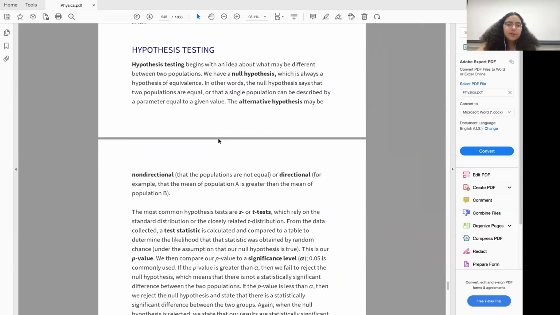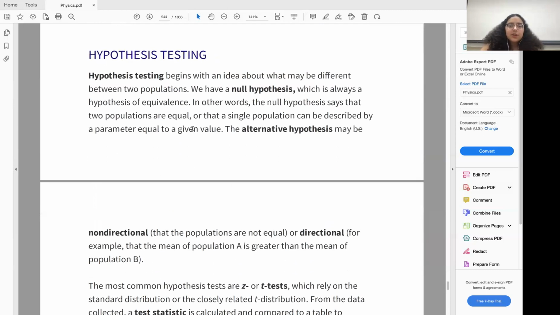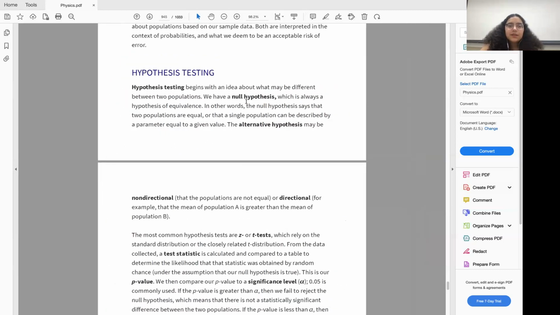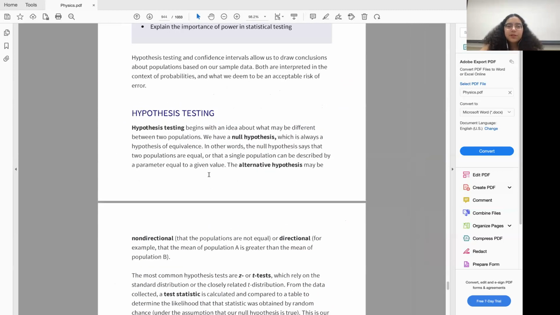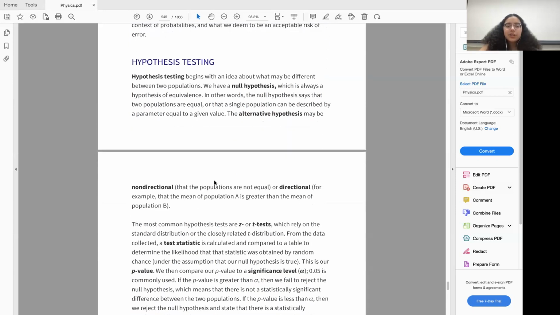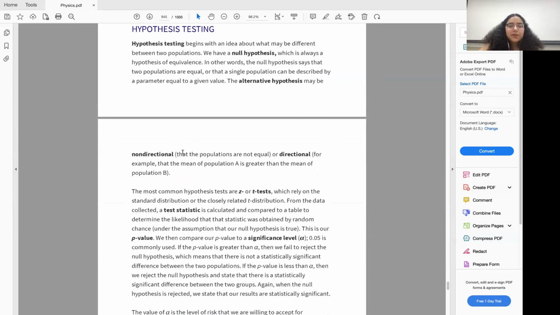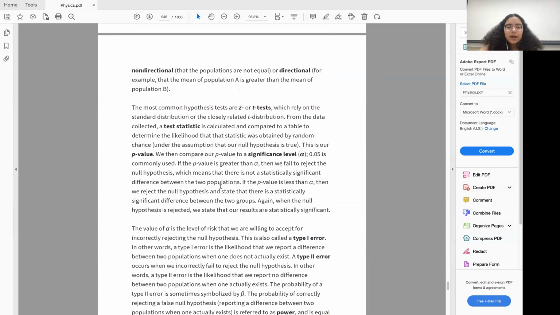And then for hypothesis testing, there's the null hypothesis, which is usually the one where it's just by chance, or 2 things are equal. The alternative one is where you're saying something happened to make it the other way, so populations are not equal, or it's directional.